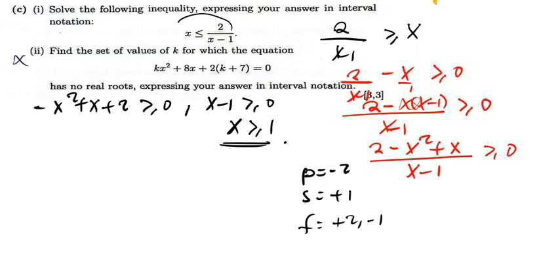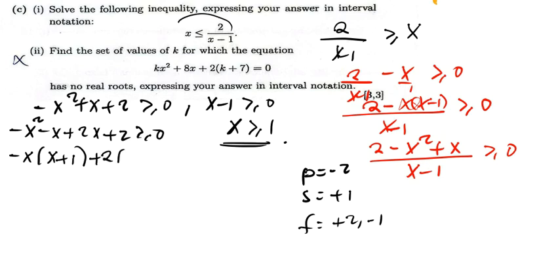So I have negative x squared plus 2x minus x plus 2 greater than or equal to 0. Factor out negative x, so it remains with x minus 2. Then here I'll factor out 1, I'll remain with x plus 1 as well, greater than or equal to 0.